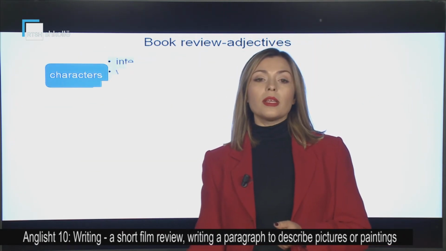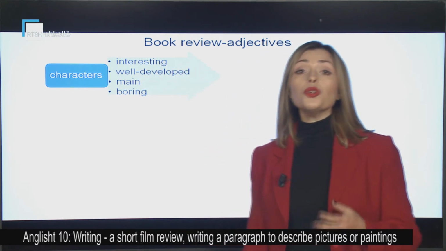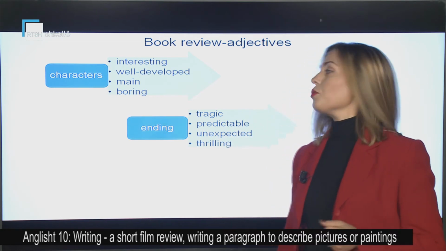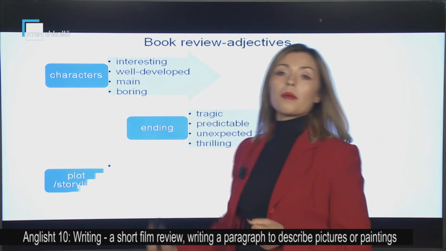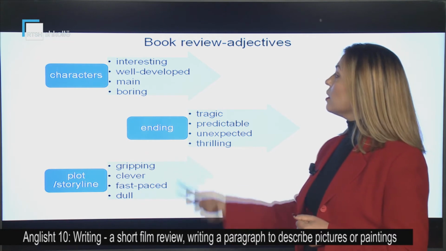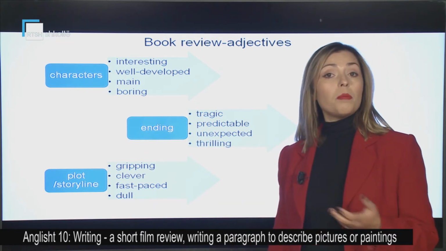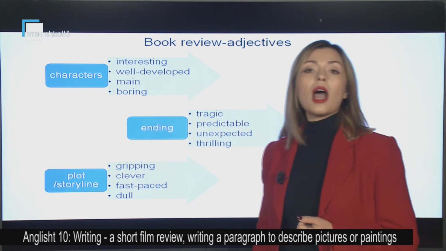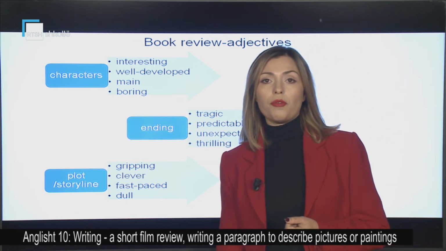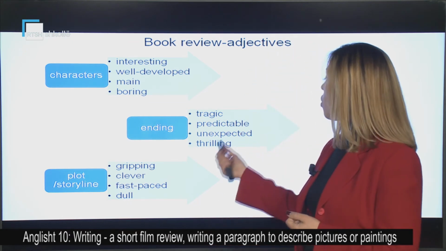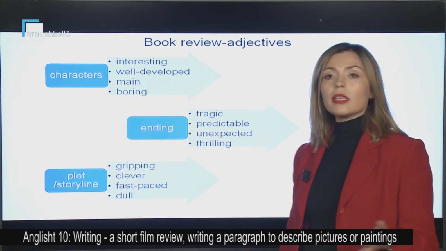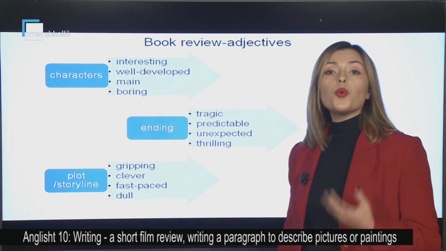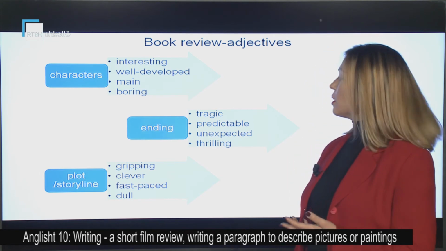Let's see now some of the adjectives that you need in order to write the book review or the film review. When we want to describe the characters, we can say interesting, well-developed, main, or if you don't like it, even boring. The ending, how is the ending of the book or of the film? The ending is tragic, or predictable if you don't really like it, or unexpected, or of course thrilling, really interesting, exciting.